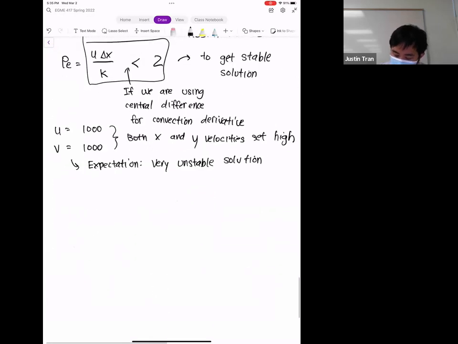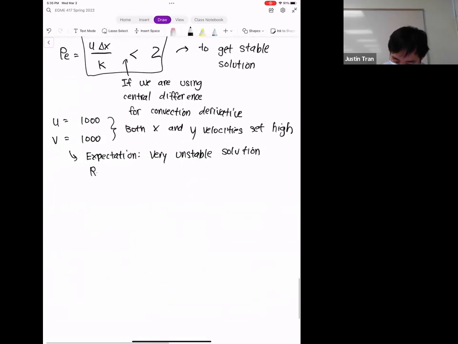But the reality was something different. I wouldn't say it's fully stable, but it's a mostly stable solution. The question is why.